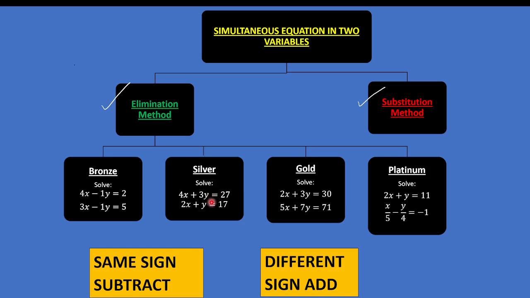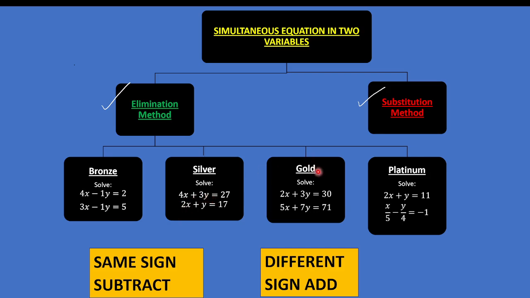Otherwise you could look into the x term as well. In the first equation it is 4x, in the second equation it is 2x. So 4x is basically a multiple of 2x. So here we can go with x, here we can go with y as well.